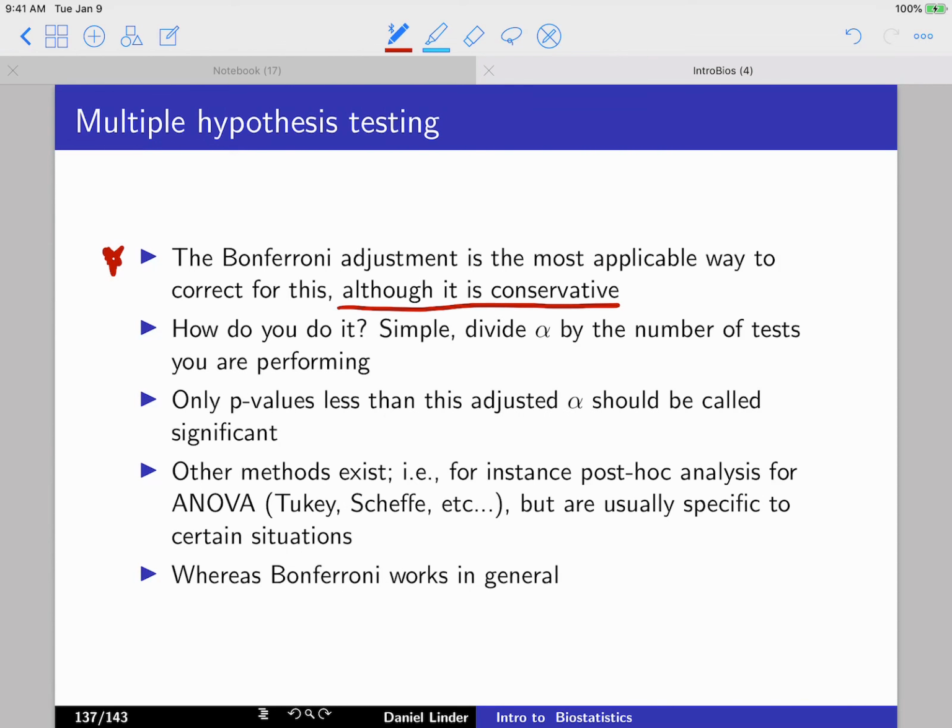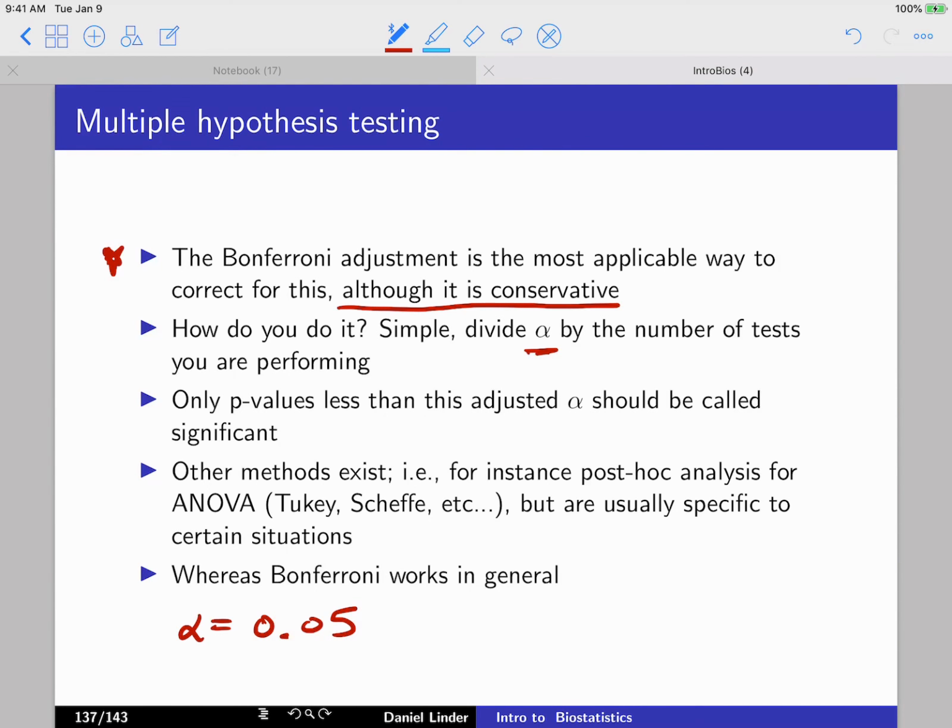So how would you carry out the Bonferroni adjustment? Well, it's very simple. You would essentially just divide your alpha. If you want an overall alpha of, say, 0.05, so you want your overall probability of a type 1 error to be 0.05, then you would just divide this by the number of tests that you're performing.